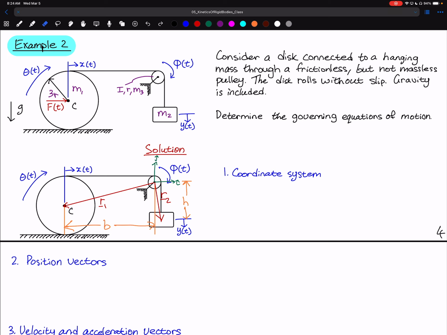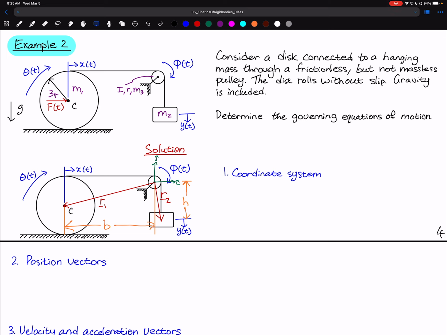Okay, so generally you would assume that the motion of this block, y of t, is equal to the displacement x of t. However, because the pulley has mass and therefore has inertia, these two may not necessarily be equal, and it's something that you need to analyze and find out.